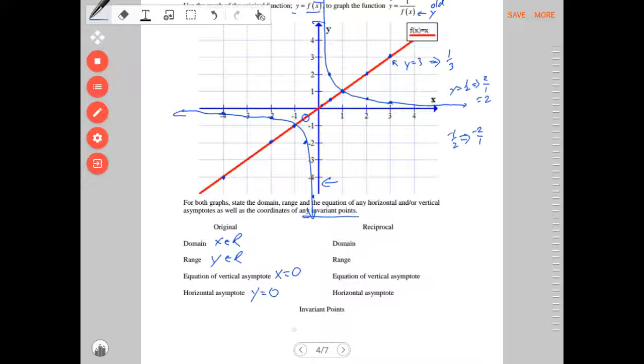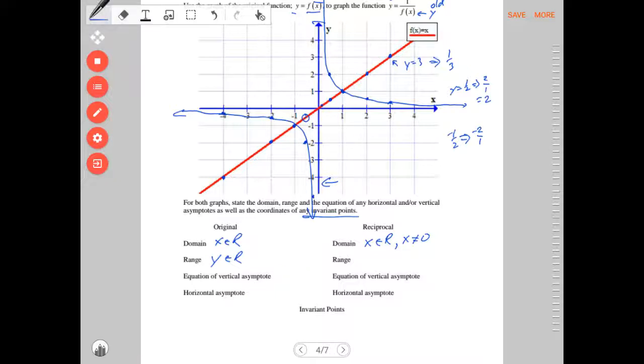Now we skipped invariant points because they're going to go in the middle, you'll see why in a sec. So the domain here was x cannot equal... Oh, that's really embarrassing. I'm so sorry, we're backing up.